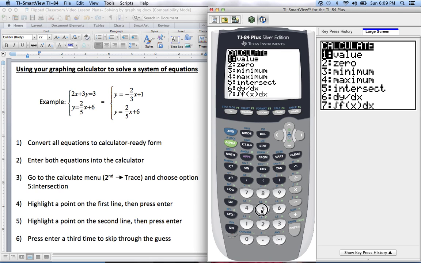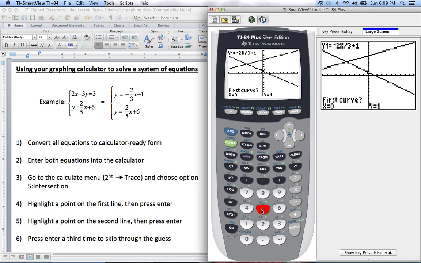So we'll highlight option 5 and it's going to ask us for the first curve. Now what the calculator is asking us for here is, what is the first line or curve that you want me to find the intersection of? And it tells you at the top of the screen, the cursor is flashing on the Y1 equation, and it gives you the ordered pair on the Y1 equation where the cursor is flashing.